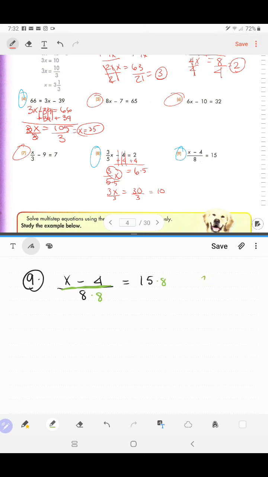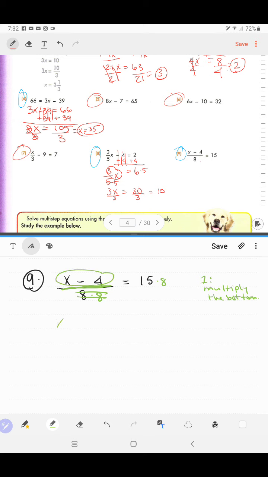So first step, multiply the bottom. So that will cancel 8.